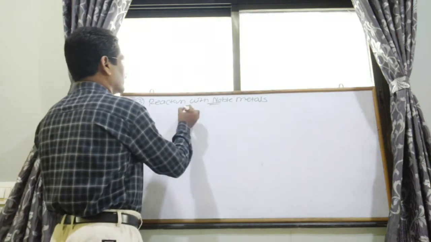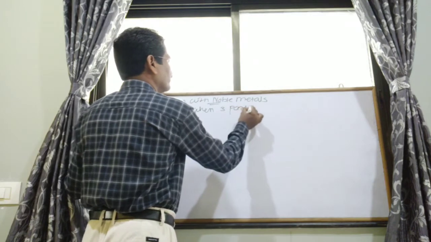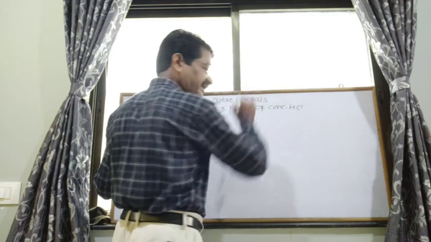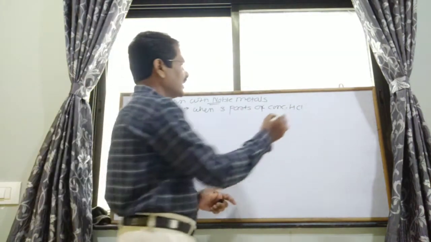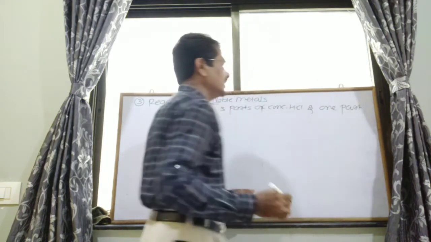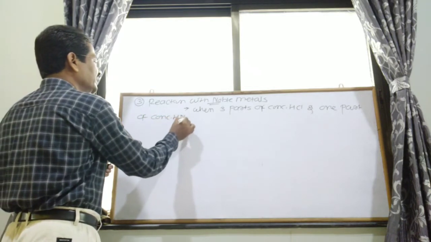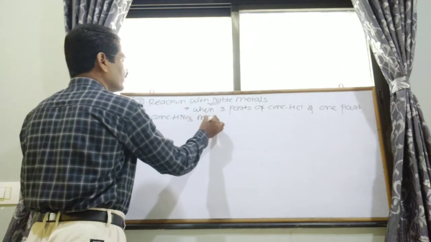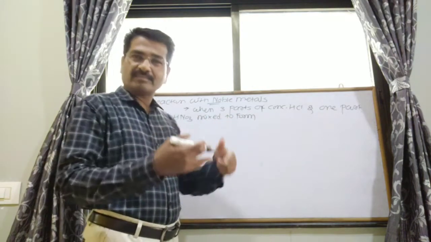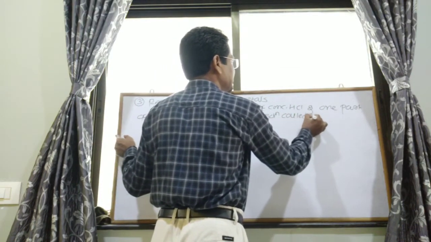See here, when 3 parts of concentrated hydrochloric acid, HCl, and 1 part of concentrated nitric acid, HNO3, are mixed, they form a solution called aqua regia.